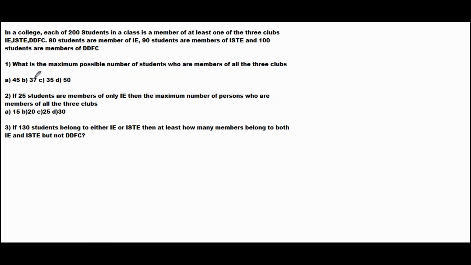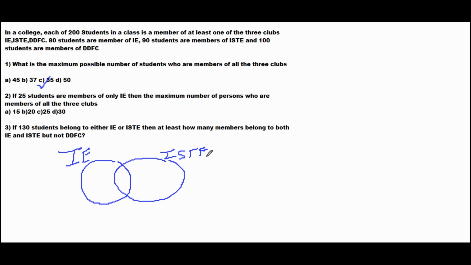Now check the second question. In the first question our answer will be 35. This is our IE, this is our ISTE, and this is our DDFC. This is 80, this is 90, and this is 100.